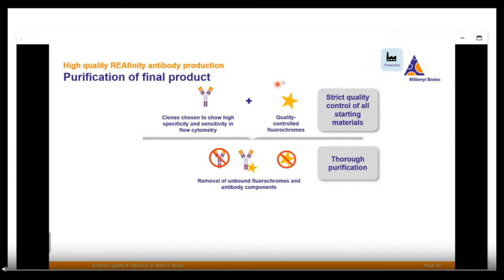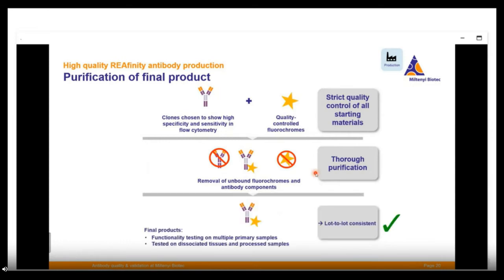And upon the highly qualified starting material, we perform the coupling, and then we perform a thorough purification step for the conjugate to get rid of unbound antibody as well as unbound fluorochrome, to ensure highly pure, only conjugated antibodies in the final product. And we also perform functionality tests on primary samples to test the performance of the antibody, and these we maintain across all the lots.